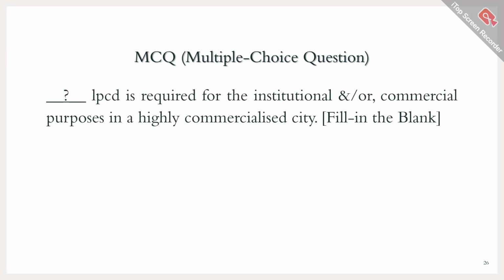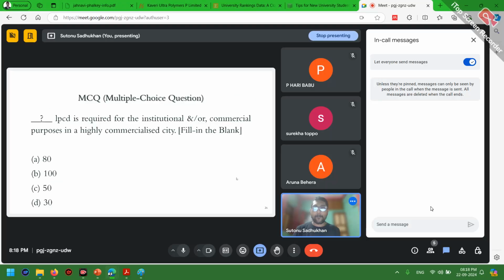How much LPCD is required for institutional or commercial purposes in a highly commercialized city? You have to fill in the blank. Option A is 80, option B is 100, option C is 50, option D is 30. Type in the chat box. I'll wait for 1 minute. LPCD means liters per capita per day.